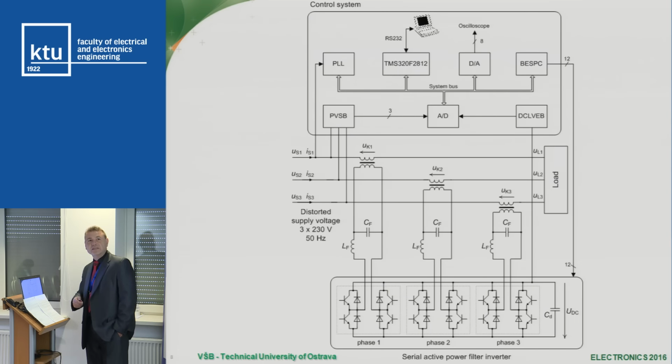This is the block DC low voltage measure, and this is the analog-to-digital converter, and this is the block that sets pulses for this converter. This is the signal microprocessor for control of the whole system.